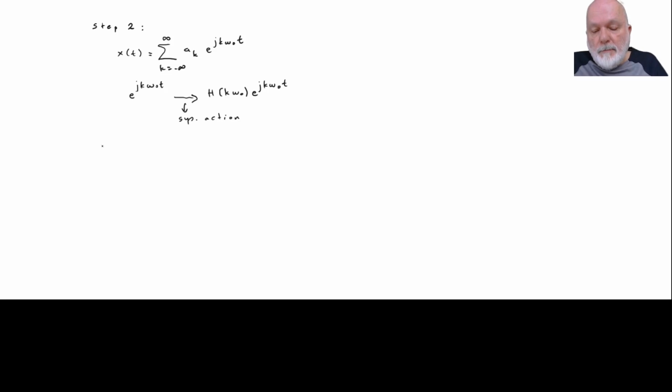So by linearity, if we multiply e to jk omega 0 t by the constant ak, the output is ak h of k omega 0 e to j k omega 0 t. This is due to the fact that the system is linear.